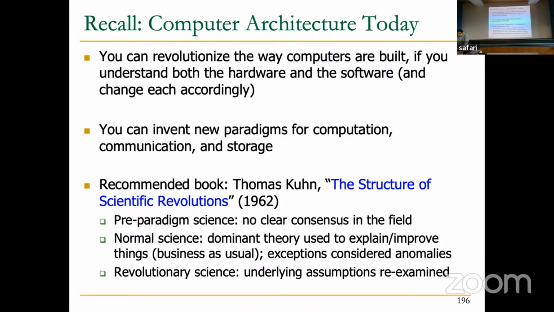Revolutionary science re-examines the underlying assumptions. The fact that a computing system has been built the way it has been built until now, with memory on one side, processing capability on another side, and both connected through some communication channel, doesn't mean that things should be the same forever, right?